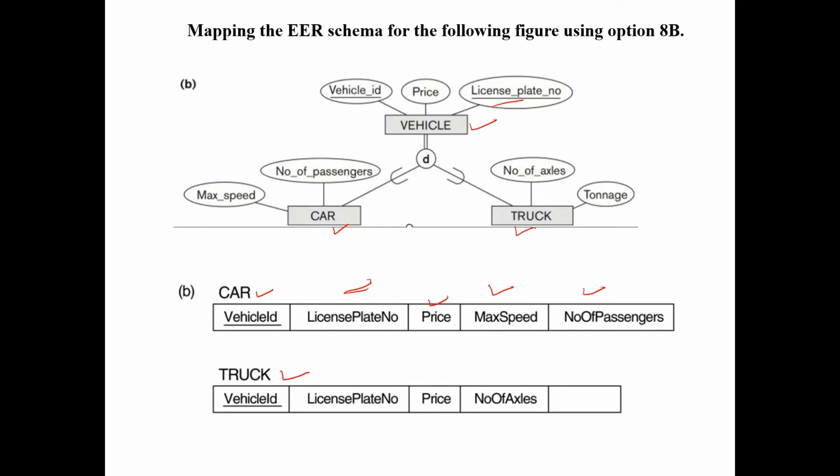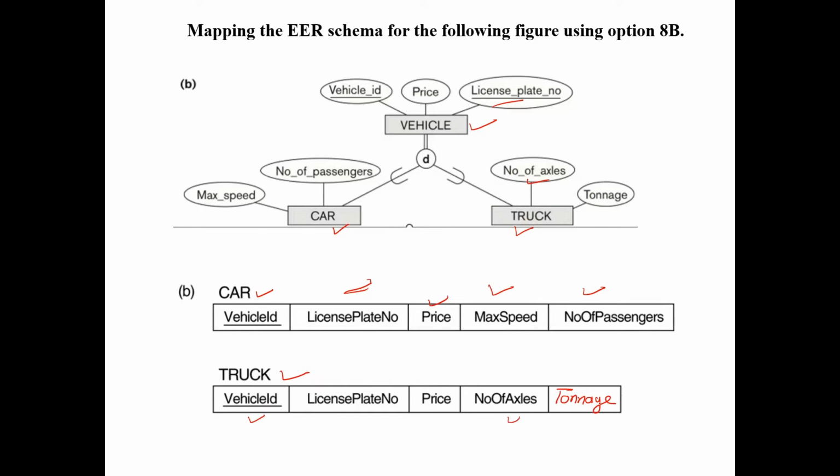Similarly, for the truck, vehicle ID is the primary key because it is a primary key for each and every vehicle. Then license plate number and price, and vehicle ID from this. Number of axles will be from this, and tonnage. I am writing here tonnage, which is not written. So these are the attributes for the truck.